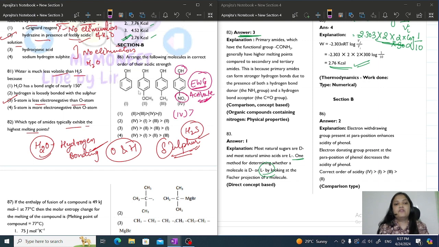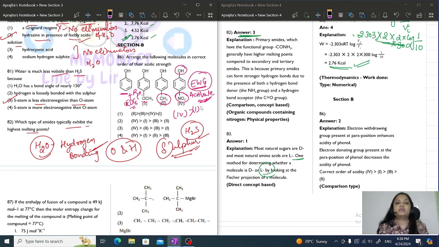Now if I look at phenol, it would be next, because OCH3 and CH3 are electron donating groups. OCH3 has plus R effect also, because of the lone pair present on the oxygen. So it will have more electron donating nature than the methyl group.